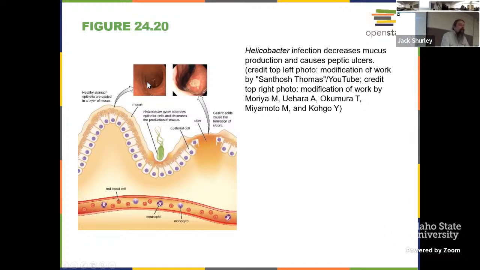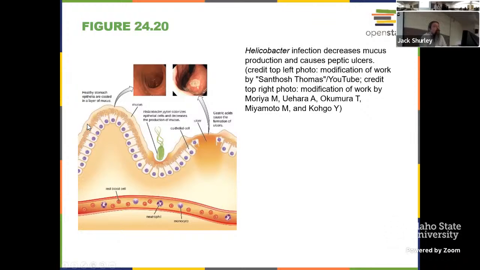So we've got a couple of images, the normal, and then here's an infected. So we've got a little bit of an ulcer right here in the stomach. This image below is showing kind of what's up over here, the healthy bit, and then where the bacteria come in and cause these issues.